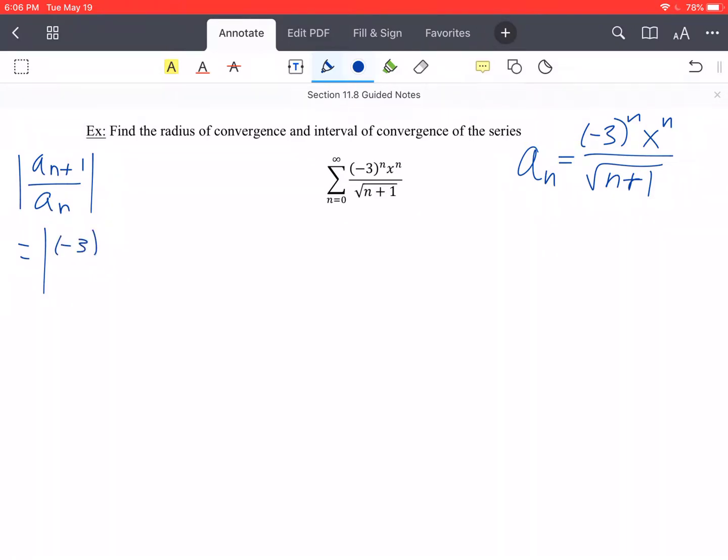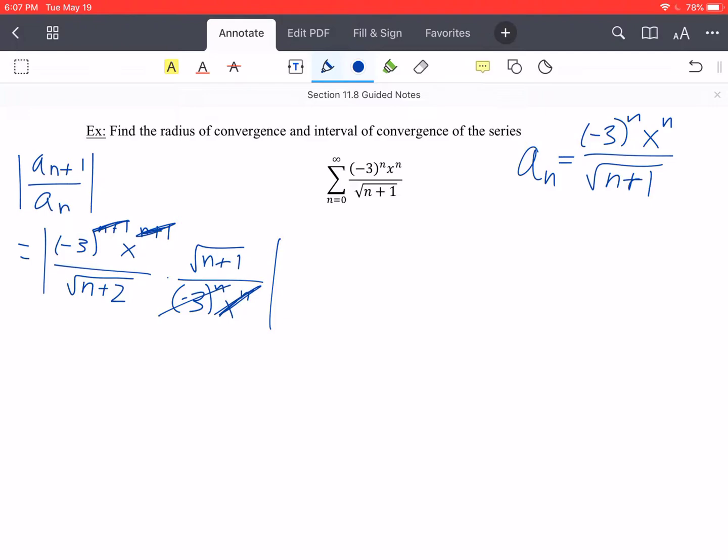For these complicated ones, I have negative 3 to the n plus 1 times x to the n plus 1 over root n plus 2, times the reciprocal of the lower one, so root n plus 1 over negative 3 to the n times x to the n. We get some cancellation here. All but one of those, all but one of those. So we have absolute value negative 3x times the square root of n plus 1 over n plus 2.